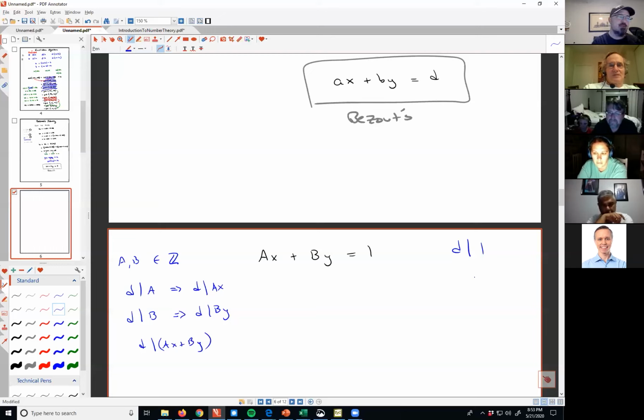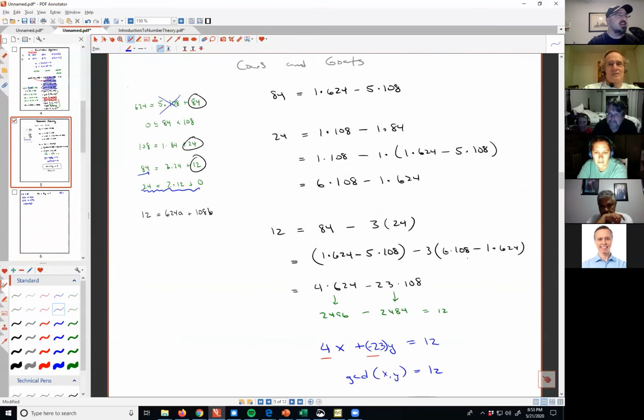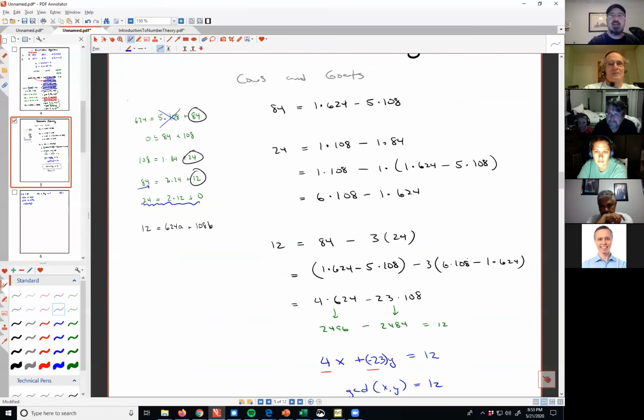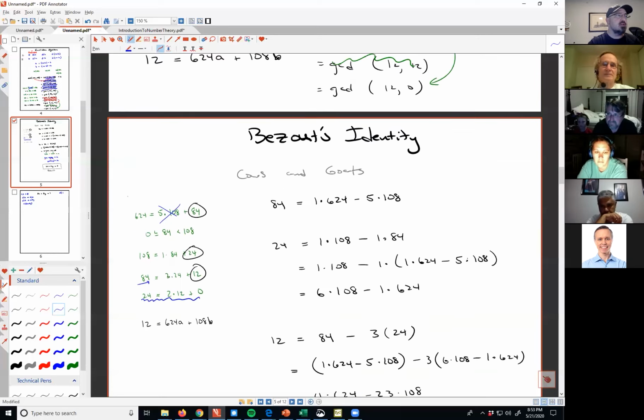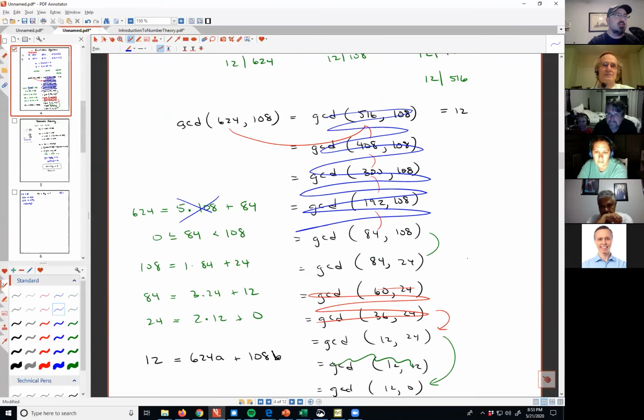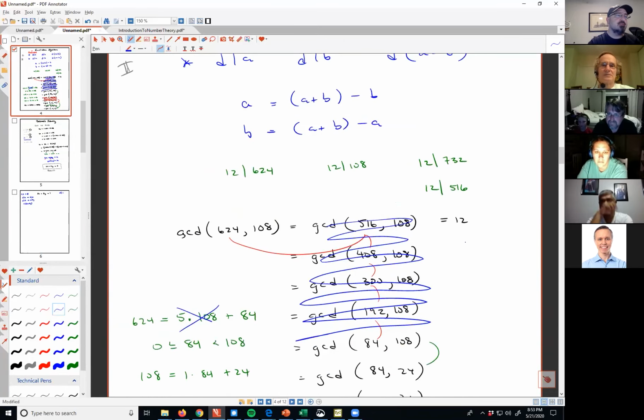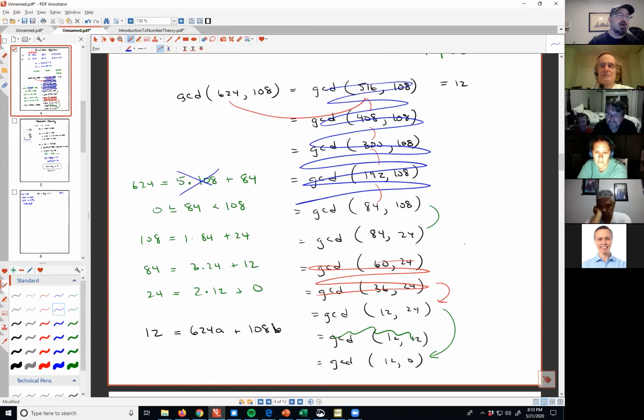But let's see if we can prove that it will always necessarily have solutions. And one thing I would say is, well, essentially we've already done that. If we were to walk through the Euclidean algorithm, then if we have two numbers that are relatively prime, by definition, our last step is going to look like GCD of 1 and 0, or 0 and 1, or something like that in some order at the very end.